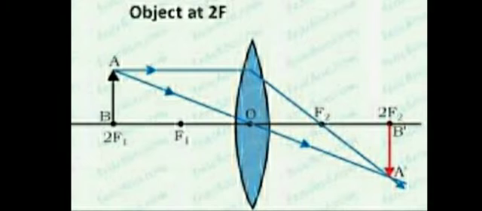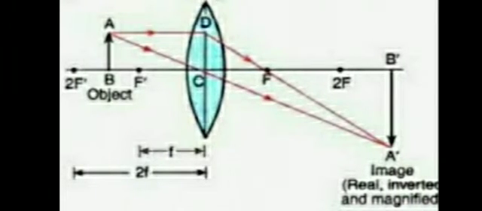Now come to the fourth case. When the object is placed between F1 and 2F1. Now students, you see the two refracted rays are intersecting at a point beyond 2F2. So the image is formed beyond 2F2.